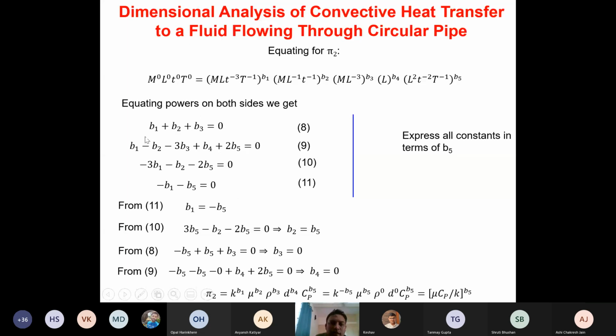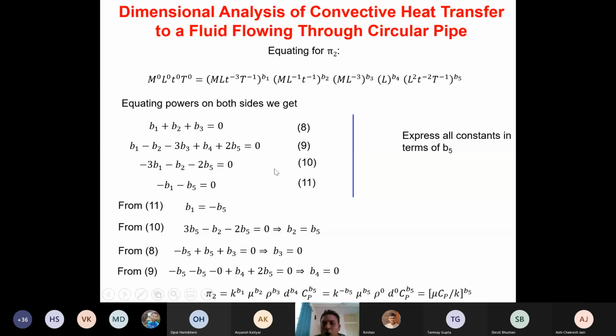Here you can see, if you put all the dimensions here and equate the exponents for mass, length, time and temperature, we get expressions 8, 9, 10 and 11. So from 8, 9, 10 and 11, again we can rearrange the equations to find the expressions for B1, B2, B3, B4 in terms of B5.